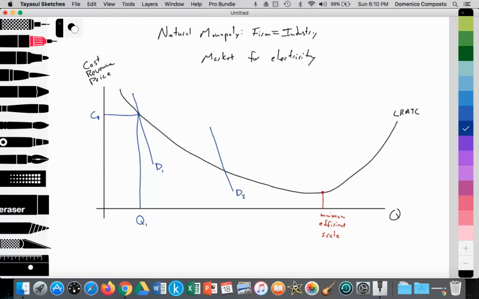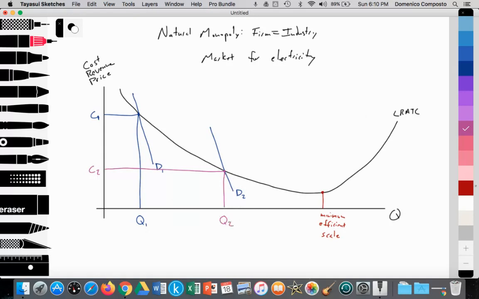They're taking their supernormal profit, reinvesting in building larger economies of scale and building the extensive infrastructure to provide electricity for a rising population. And as they do that, their costs of production decrease from C1 to C2 as they're increasing output to Q2.